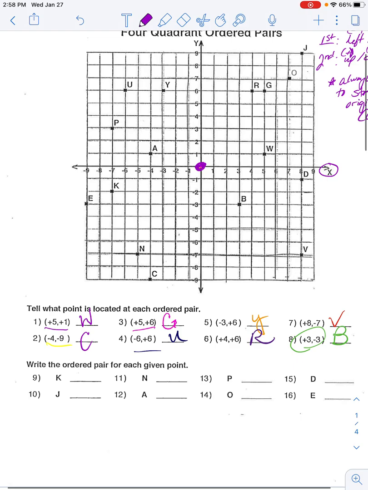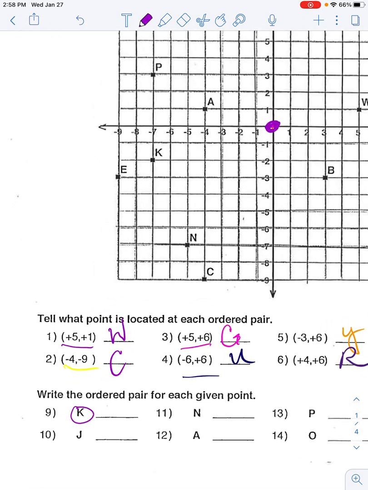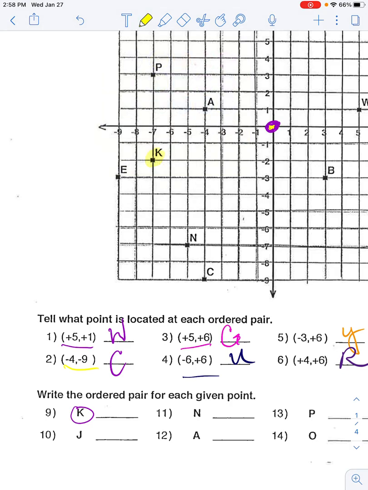Now write the ordered pair for each given point. So now we're going to find K on the coordinate plane, and it's right here. I'm going to figure out the coordinates. Again, guys, we always start at the home base. And how do we get to K? We need to go left 7 spots.